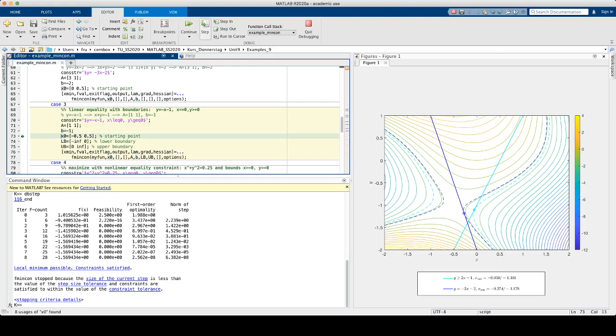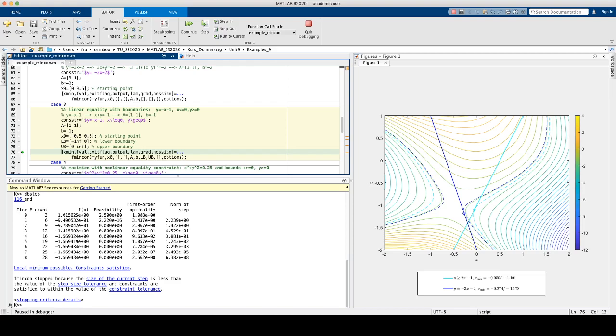Another starting point, and now we have to define the boundaries. These are the arguments 7 and 8 to fmin_con. Each of those is a vector of 2 values in this case, specifying the lower boundary for x and y.